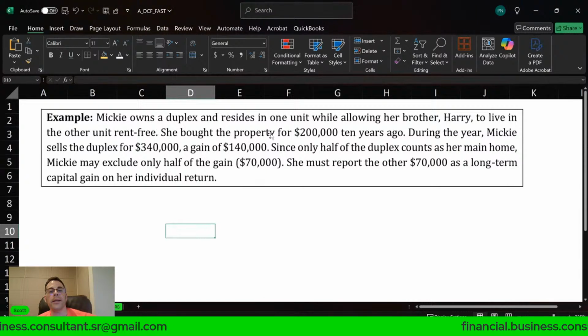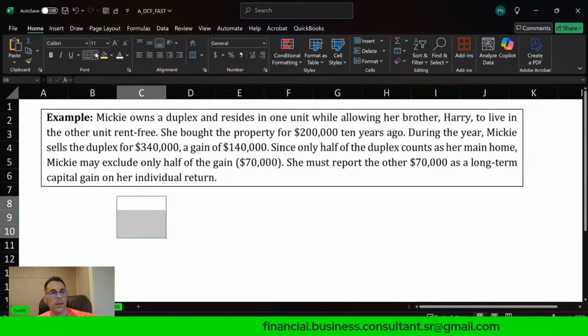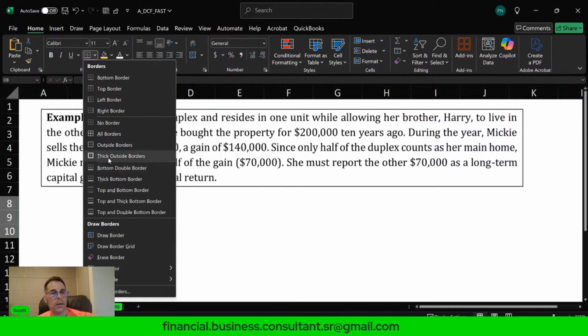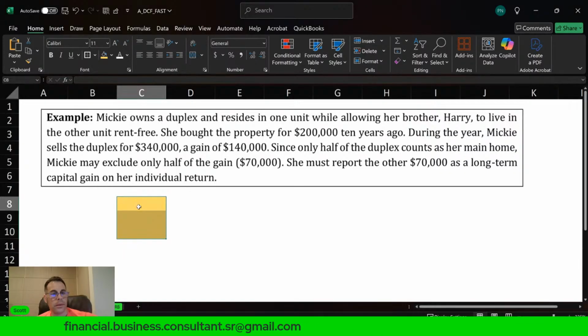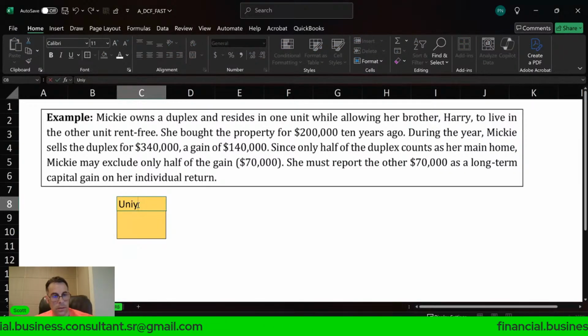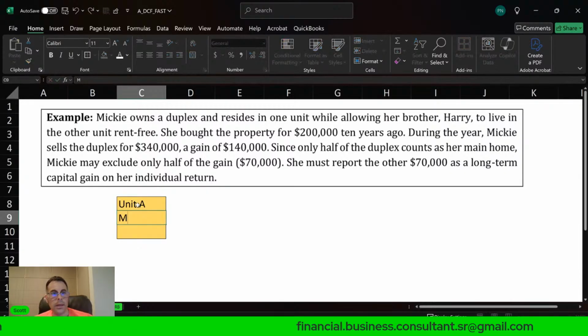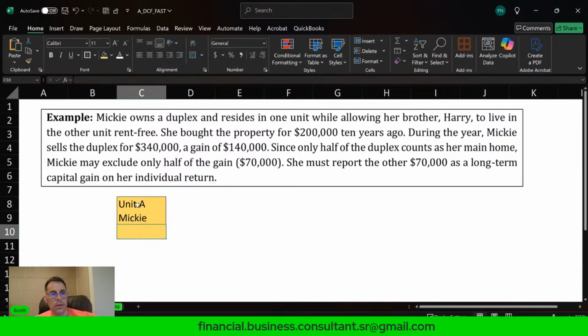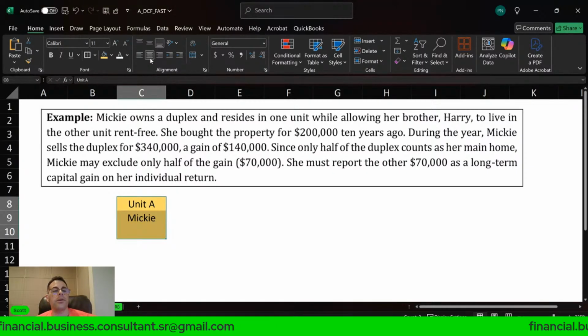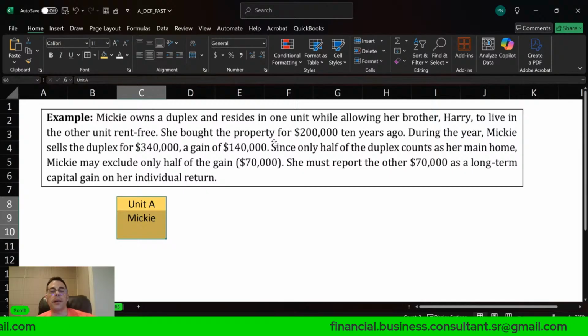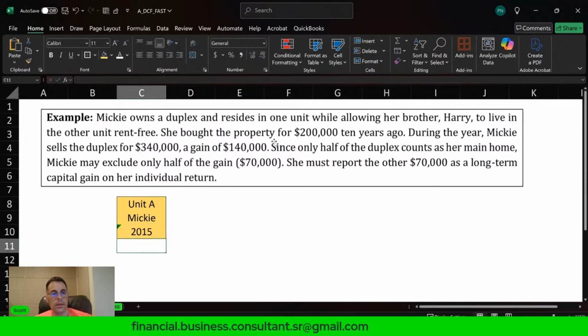So Mickey owns a duplex and resides in one unit, Unit A. She bought the property 10 years ago, so in 2015, she bought it.